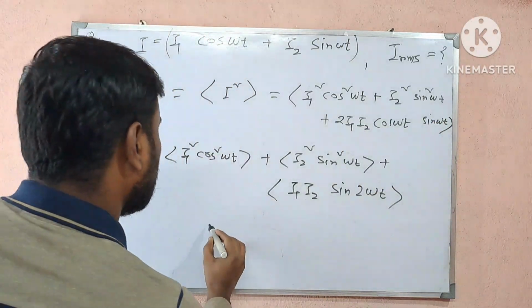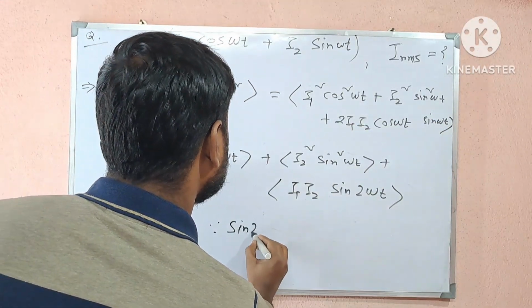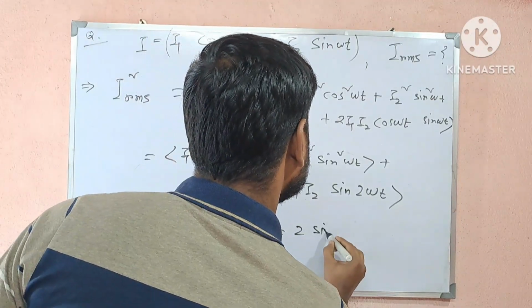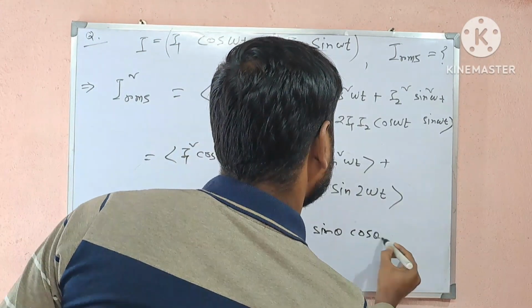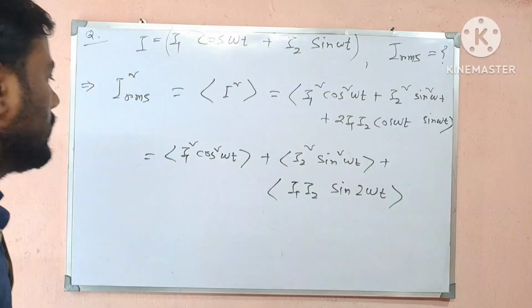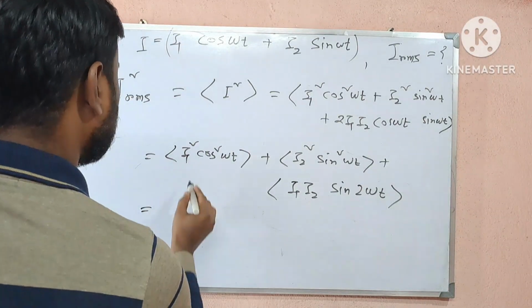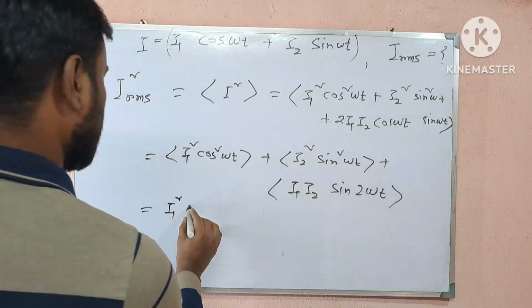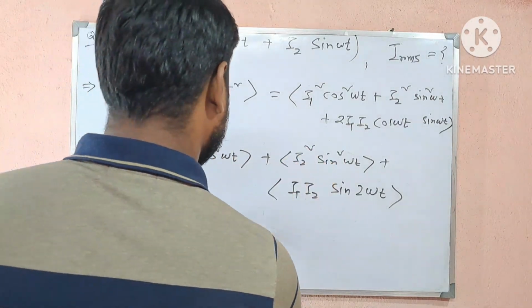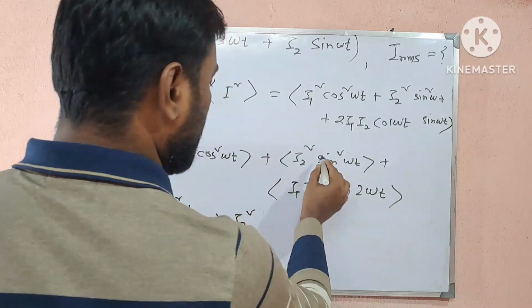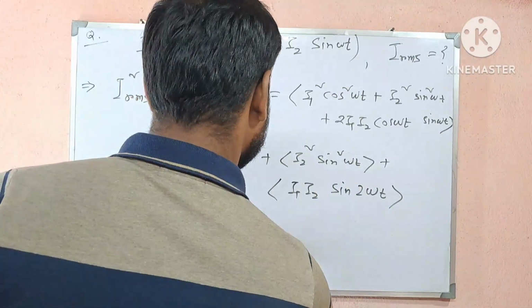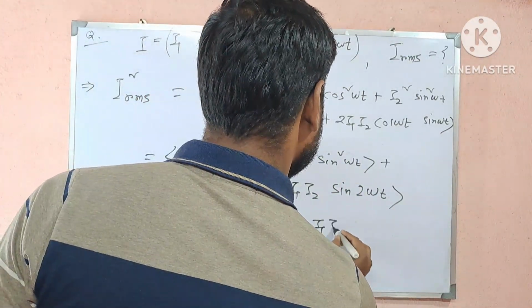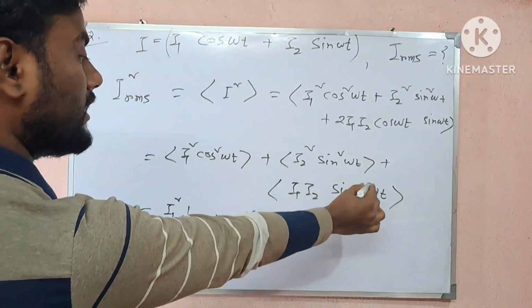Just like we know sin 2 theta is equal to 2 sin theta cos theta. This is the formula that we use here. After calculation, I1 square will come out, and that will be average of cos square, that will be half, plus I2 square will come out, and that will be average of sin square, that will also be half, plus I1 I2 will come out, and that will be average of sin 2 omega t.